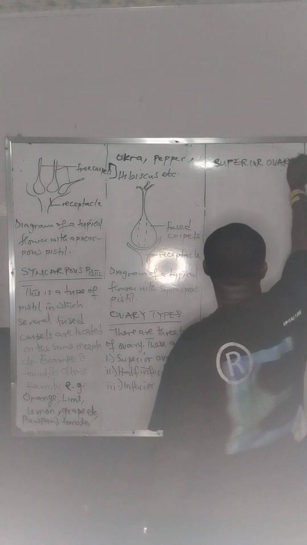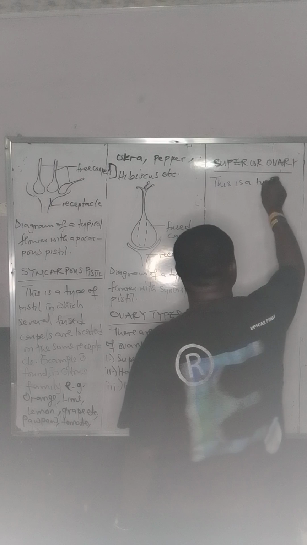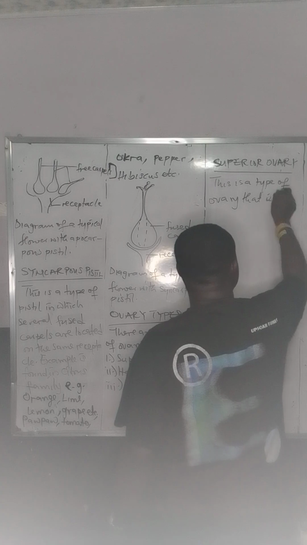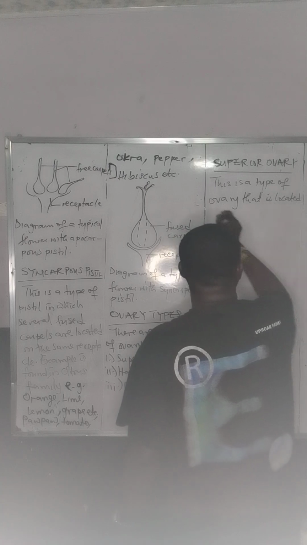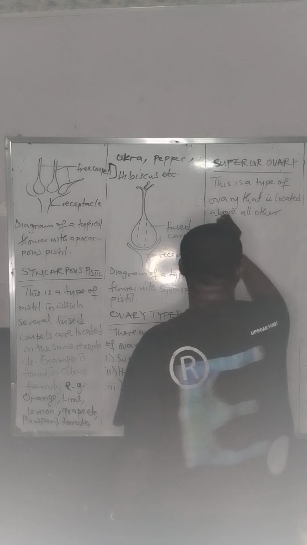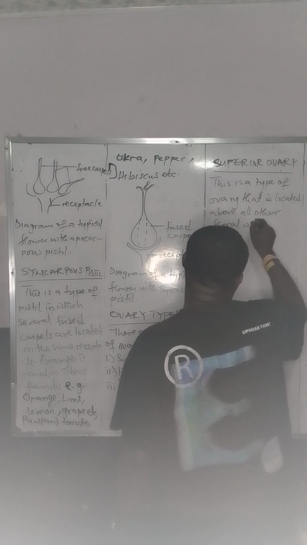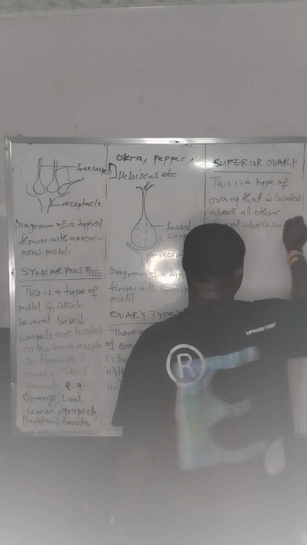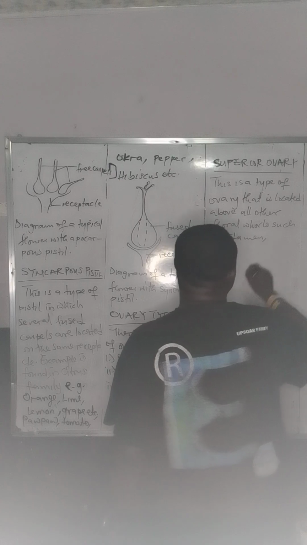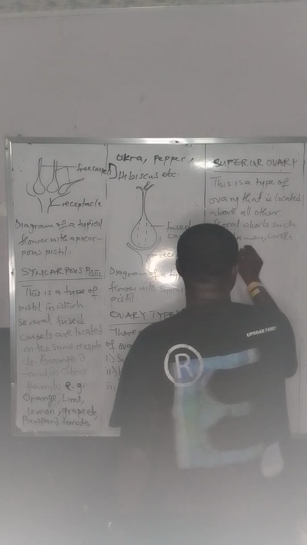This is a type of ovary that is located above all other floral whorls, such as stamen, corolla, and calyx.